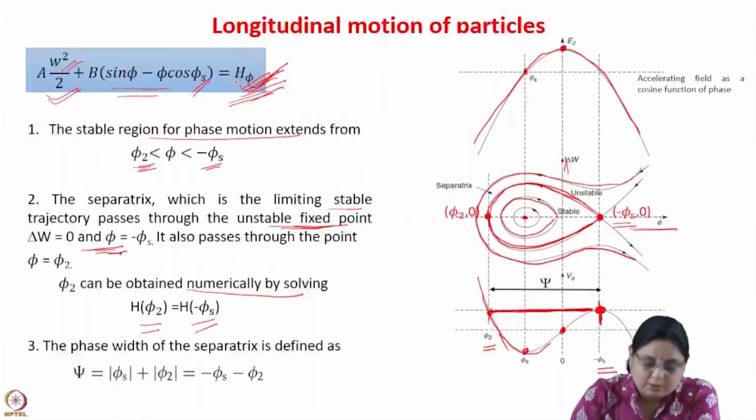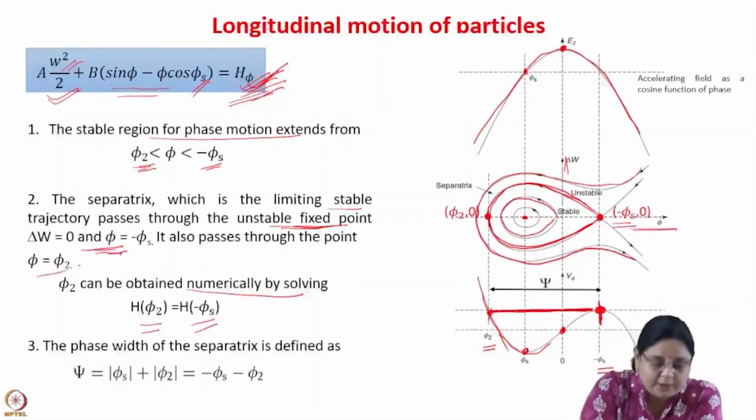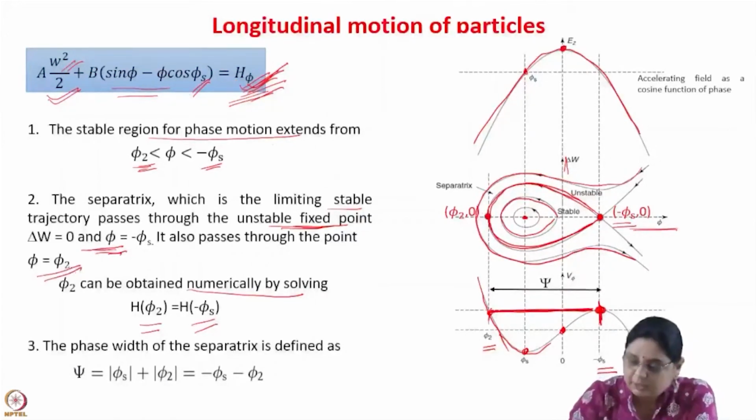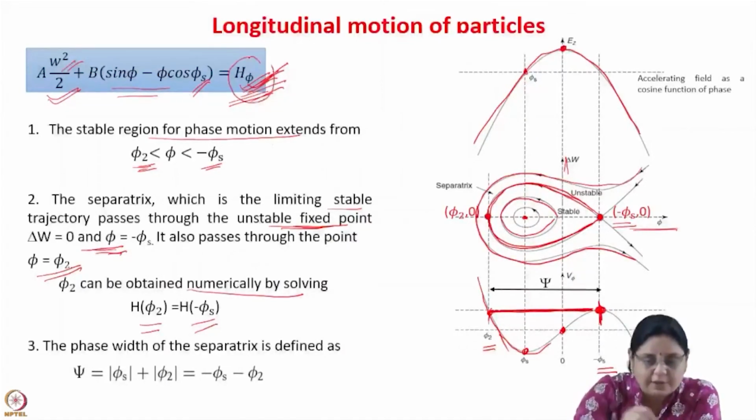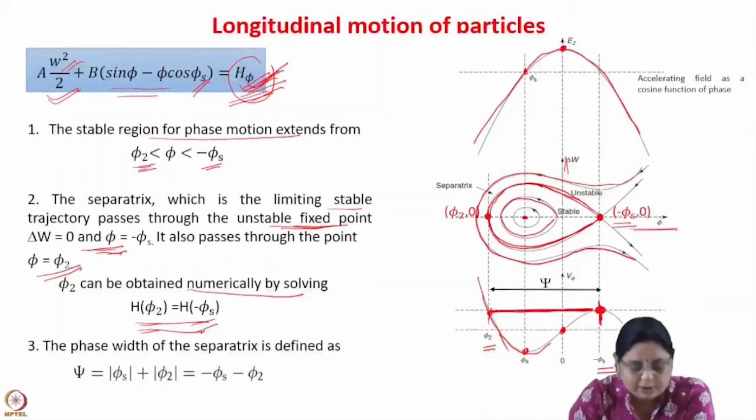The separatrix also passes through the point phi is equal to phi 2, and here also delta w is equal to 0. So having found the value of h of phi, we can put in delta w equal to 0 and phi is equal to phi 2, and find the value of phi 2 in terms of phi s. This way h of phi 2 can be solved numerically.